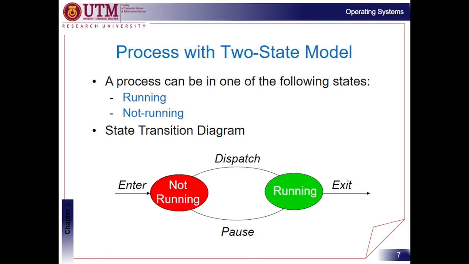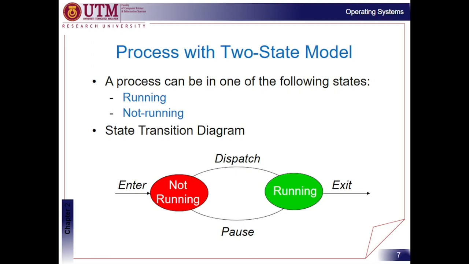Not running, on the other hand, means that the process is waiting for the CPU to become available or for some other event to happen. The state transition diagram shows how a process can change its state from running to not running and vice versa.